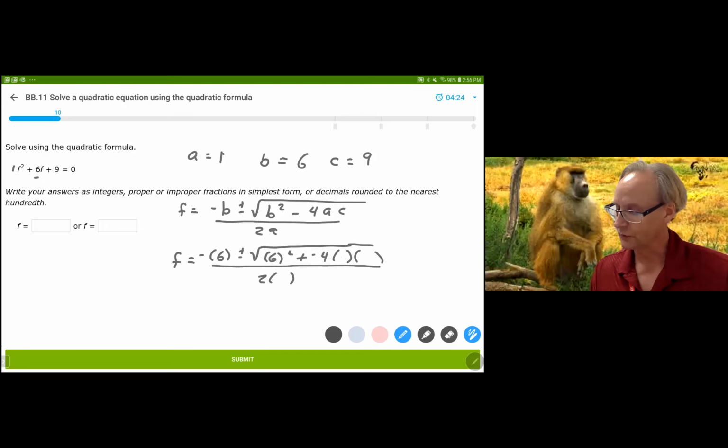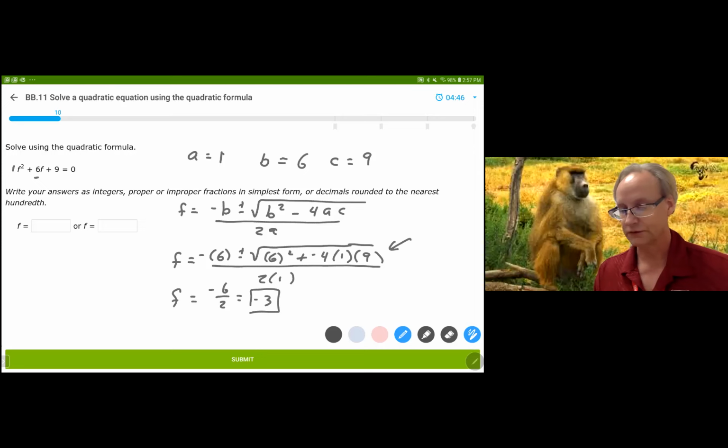We have a 6 squared, and we have 1 and a 9 over there, and 2A is 1. And here's 0 again. We have 36 plus negative 36, which gave us our 0. So F ends up being negative 6 over 2, which is just negative 3.